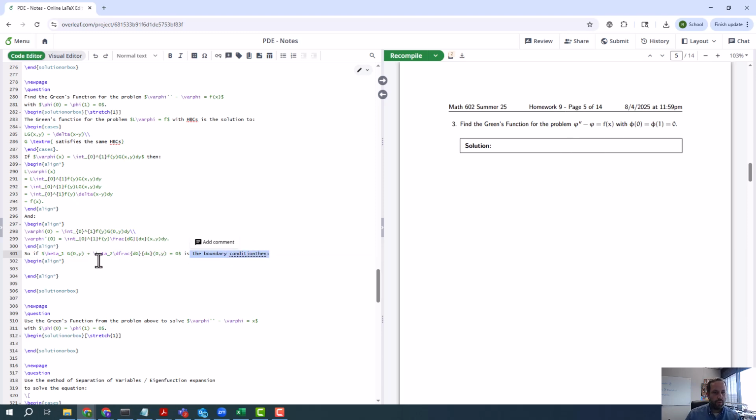So in other words, if g satisfies the homogeneous boundary condition, then phi will as well.